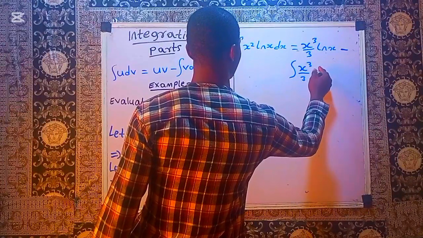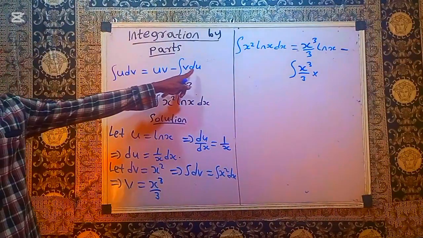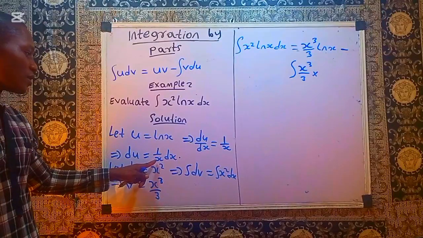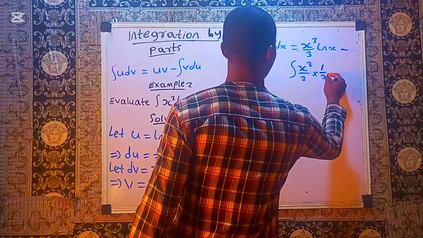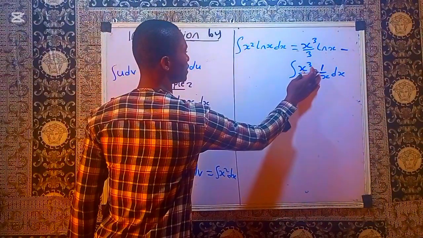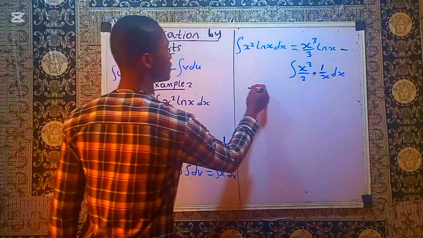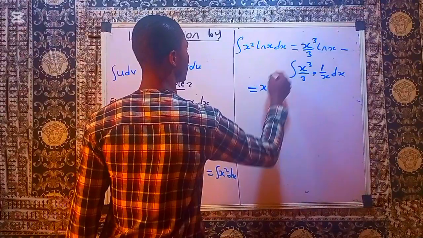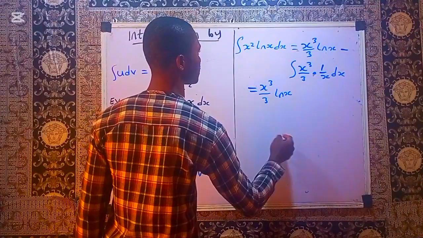Then multiplying what? du. What did we calculate du to be? du is 1 over x dx, multiplying 1 over x dx. Right? Let me just put the dot multiplication here. So that this will be equal to, what we have here first is x raised to power 3 over 3 ln of x.